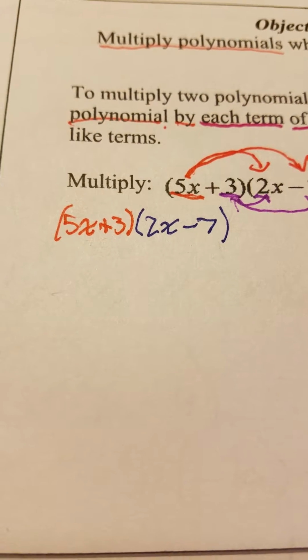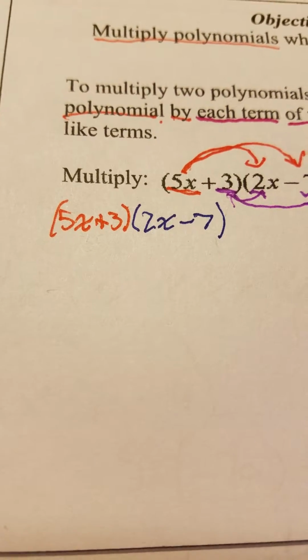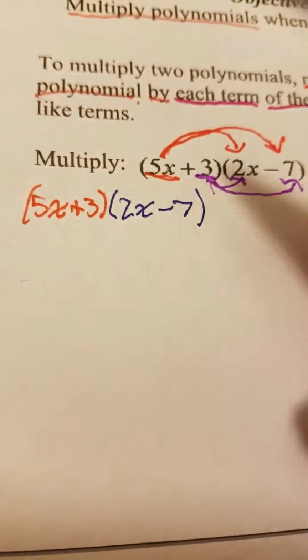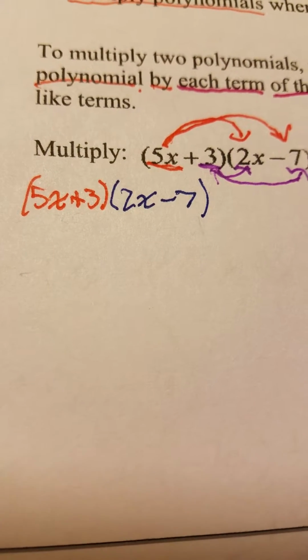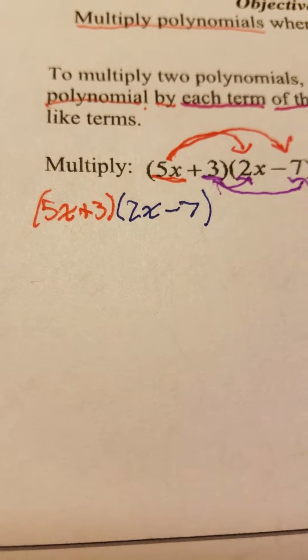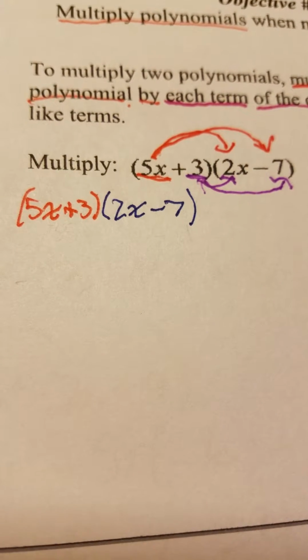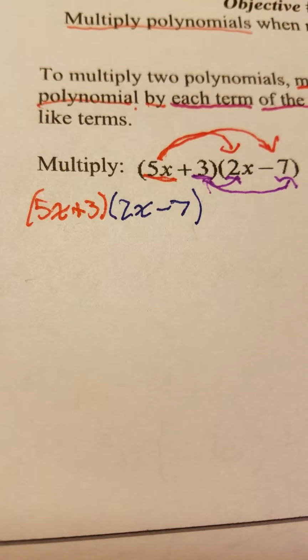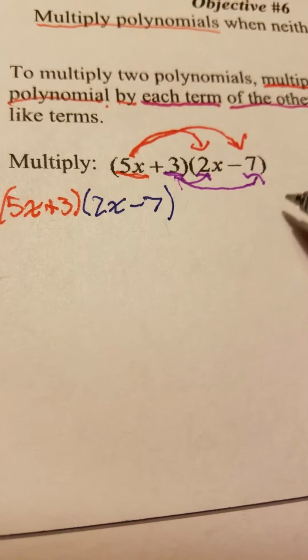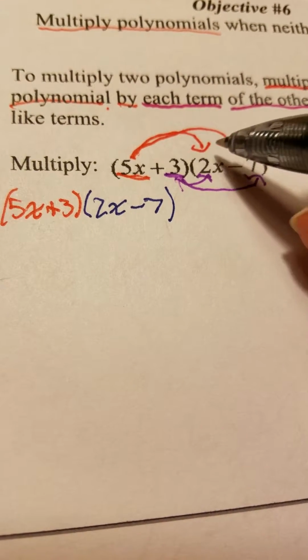First thing we ought to do is start our distributive property, right? So first, we're going to distribute the 5x to each of these. We'll choose purple for these.